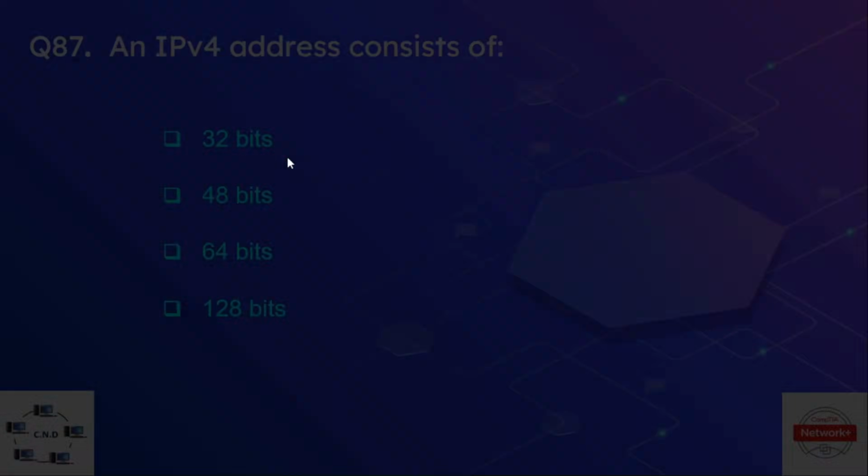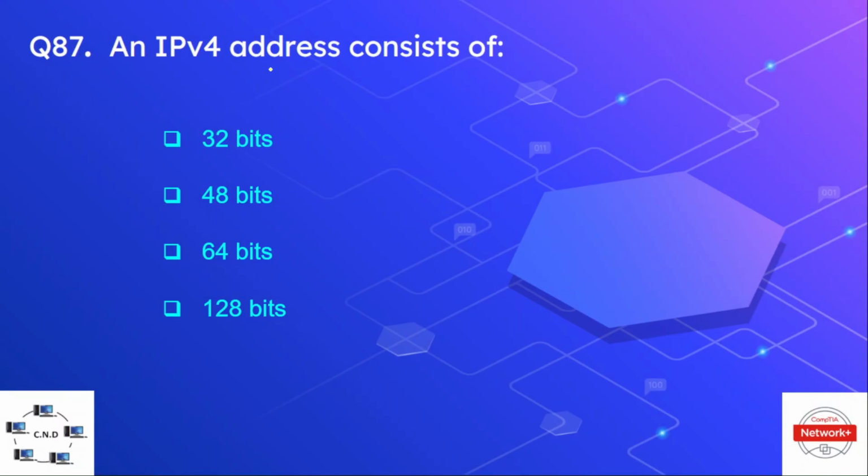Now question number 87 is: an IPv4 address consists of 32 bits, 48 bits, 64 bits, or 1 to 8 bits. And the correct option is 32 bits.